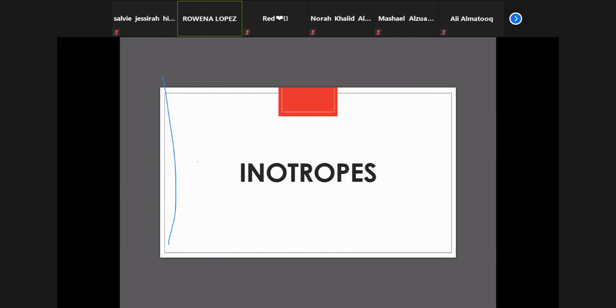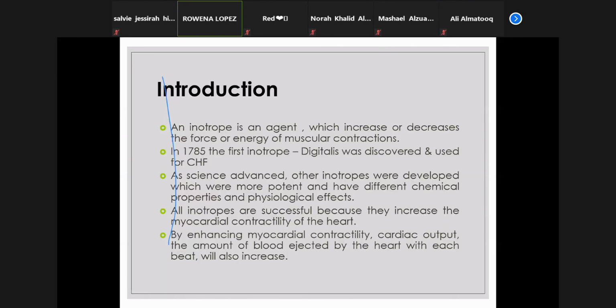So we'll go to the inotropes. We'll just make it fast. Inotropic agents increase or decrease the force of muscular contraction. The first inotrope discovered, in 1785, was digitalis.